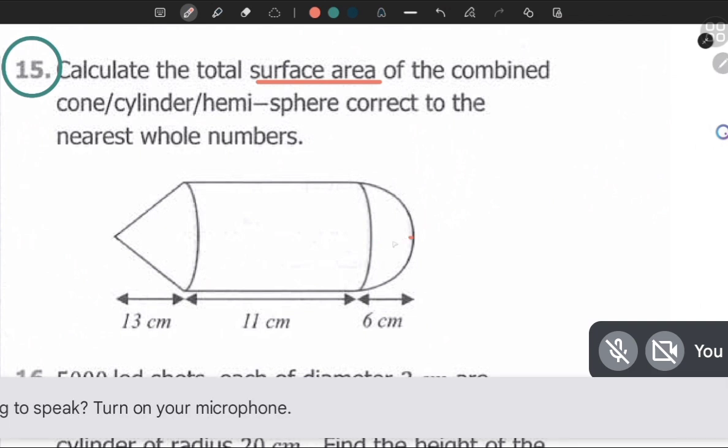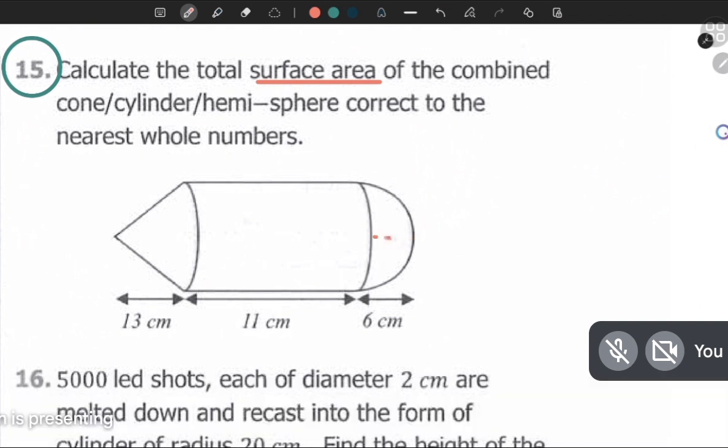The radius of the sphere is 6 centimeters, the radius of the cylinder is also 6 centimeters, and the radius of the cone is also 6 centimeters.